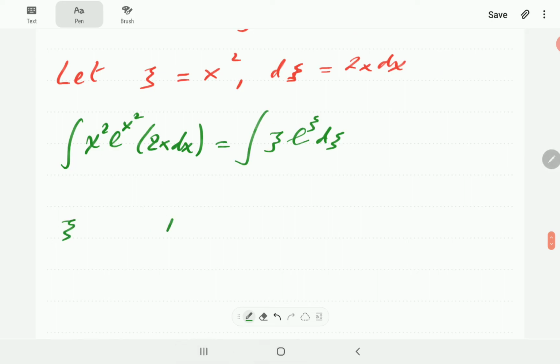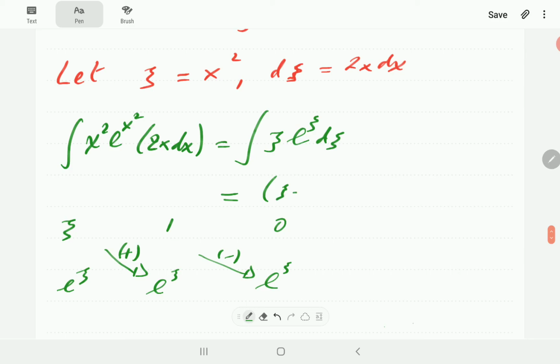So xi, derivative of xi is 1, derivative of 1 is 0. These ones are all going to be equal. The first one is always a plus. So that means this thing is going to be xi minus 1 e to the power xi plus k.